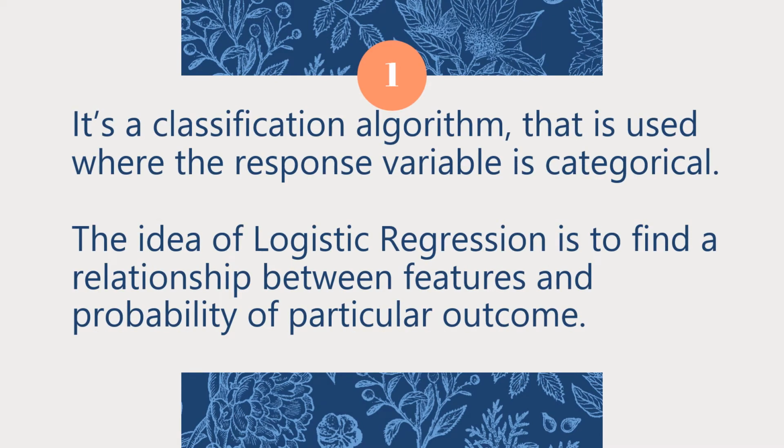So, logistic regression is a classification algorithm that is used where the response variable is categorical in nature. You will be wondering, why am I saying logistic regression and it is written classification algorithm? Because logistic regression tries to find a linear relationship between the independent variable and the log odds ratio.